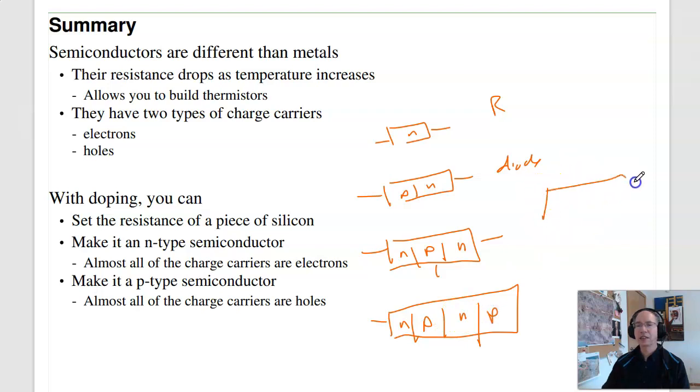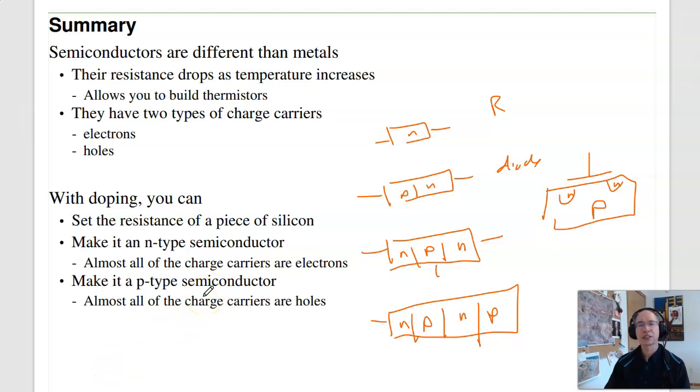And there's one other one. If I have two little islands of N-type and a P-type material with a piece of aluminum on top, that's a MOSFET. So again, the N-type, P-type are all important. That's what allows us to build almost all the electronic devices we'll be talking about in this course.